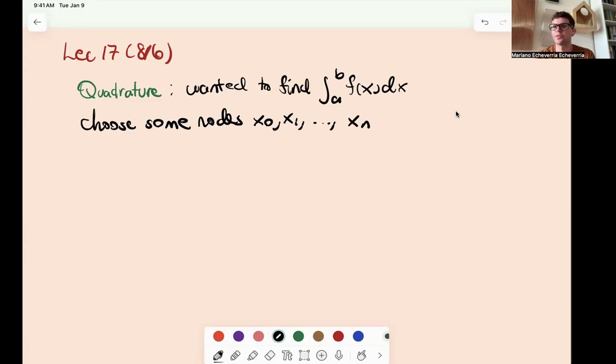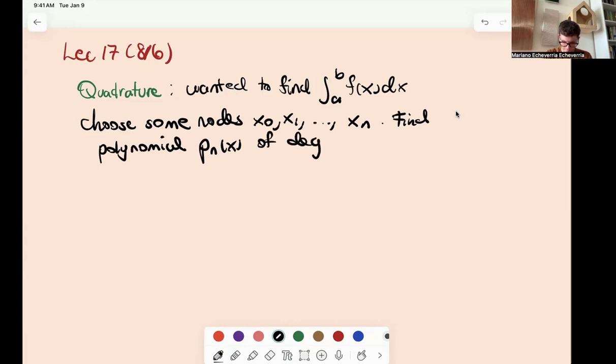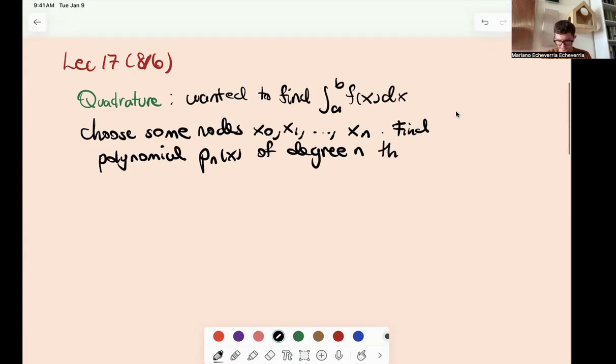And you find the degree n polynomial through Lagrange interpolation that passes through these nodes, that at those nodes has the same value as the function, that satisfies Pn of xi equals f of xi.